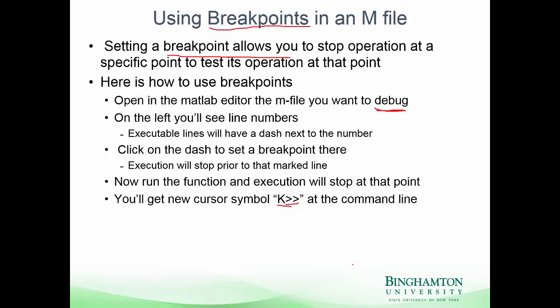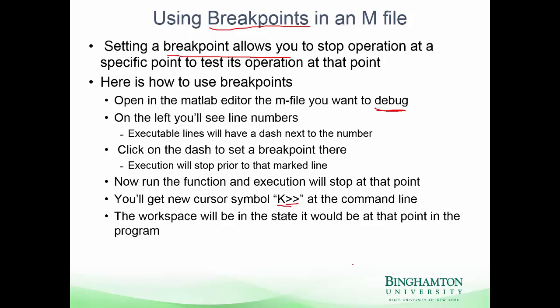You can do any computations that you want at that point. You can check sizes. You can do multiplications of things to see how things work. You can check values. The workspace that you're in is the temporary workspace of the function at the point where you stopped execution, and that's pretty cool.